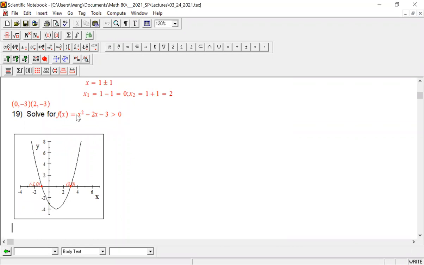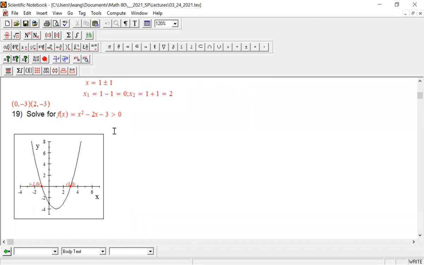So you can see, to solve questions like 19 through number 26, what you really needed is the X-intercept, because that marks the boundary between positive and negative.